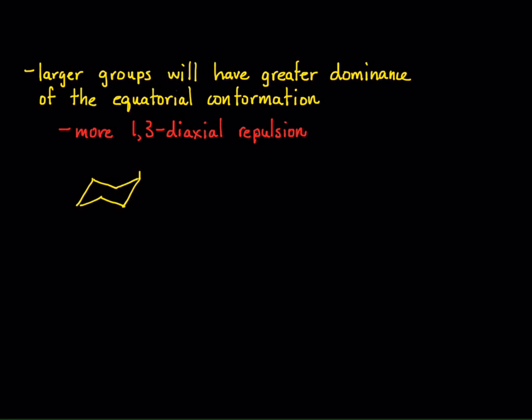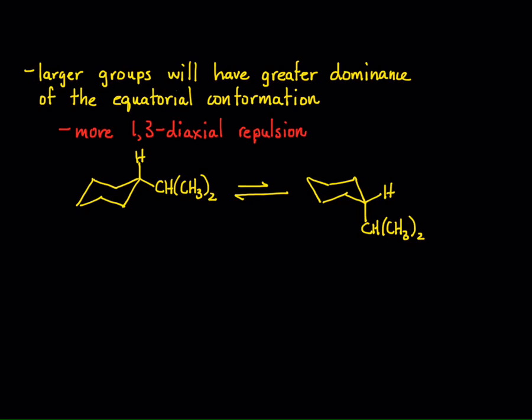We can take a look at an example where instead of having a methyl group, I have an isopropyl group. So when the isopropyl group is in the equatorial position, notice I can ring flip and get it into the axial position. Now if I look at this equilibrium, I see that K is even smaller, 0.0012.